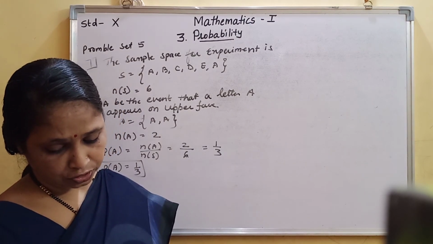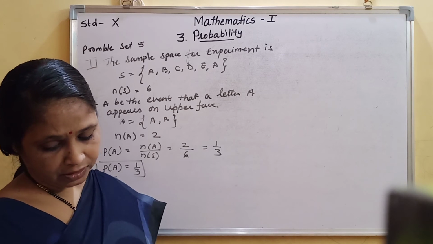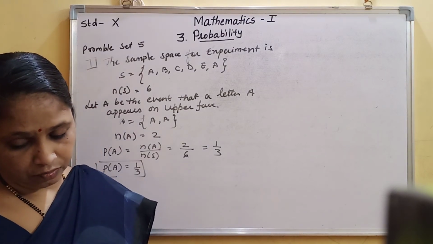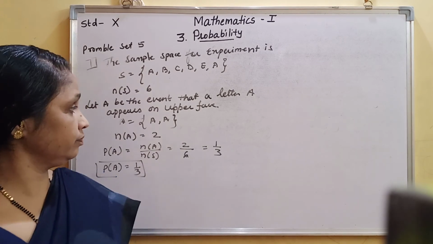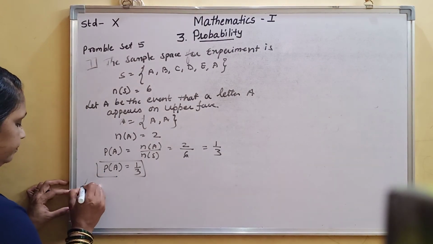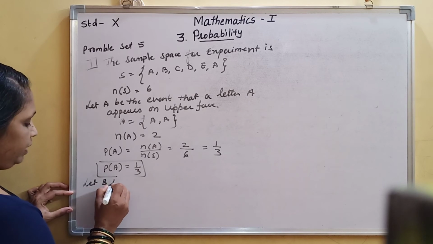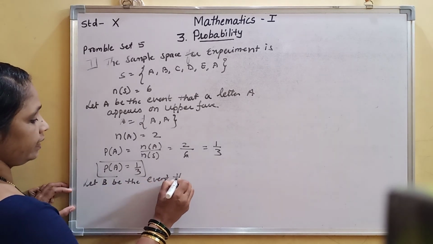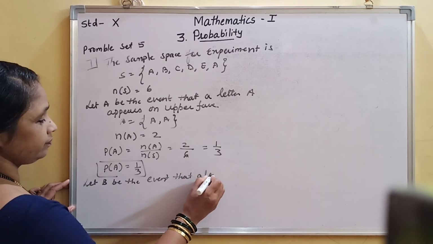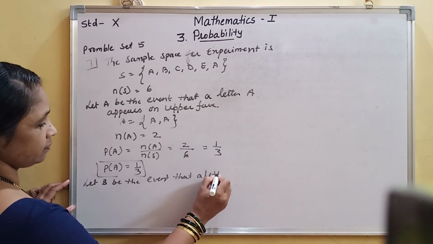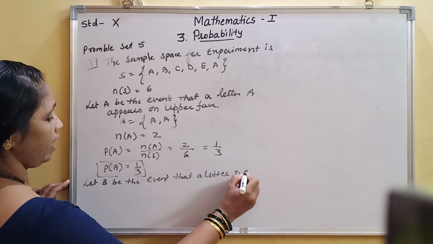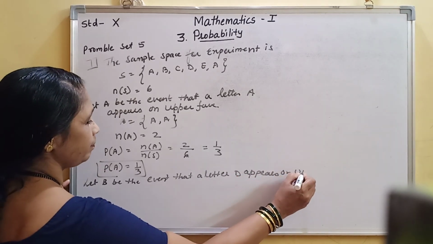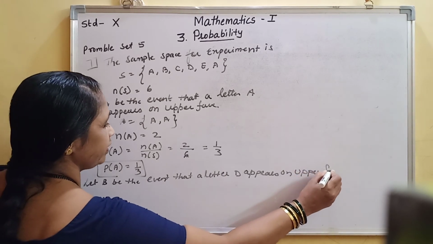Now in the second question, D appears on the upper face. Let B be the event that the letter D appears on the upper face.